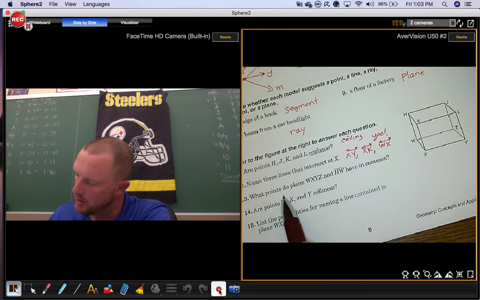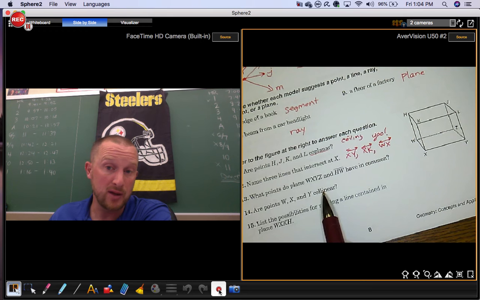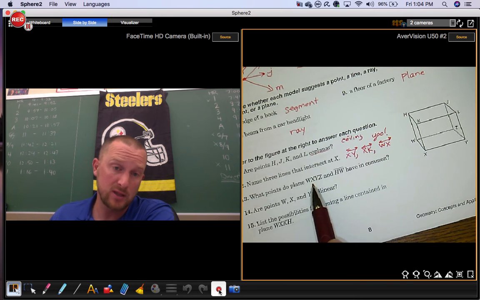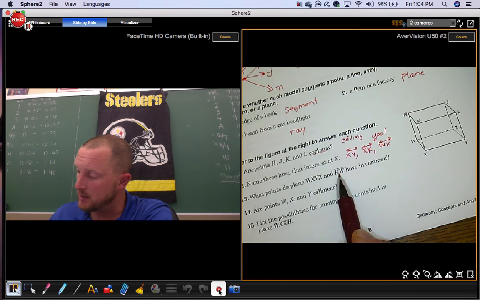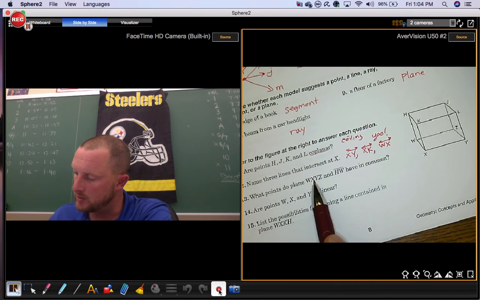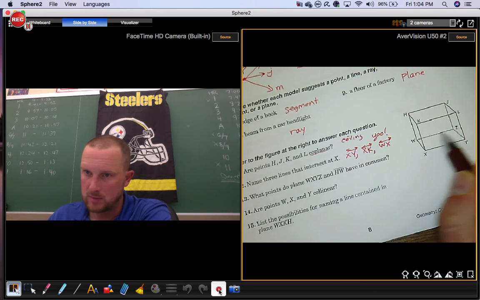Number 13, what does plane WXYZ, they're using 4 letters to name that plane. That's acceptable, but we're going to use 3 letters just to keep it simpler. So this plane and segment HW have in common. Let's look at it first. Where is plane WXYZ? See, that's the floor.